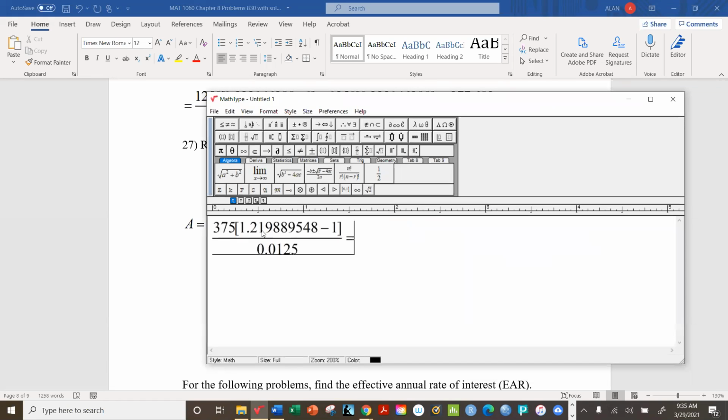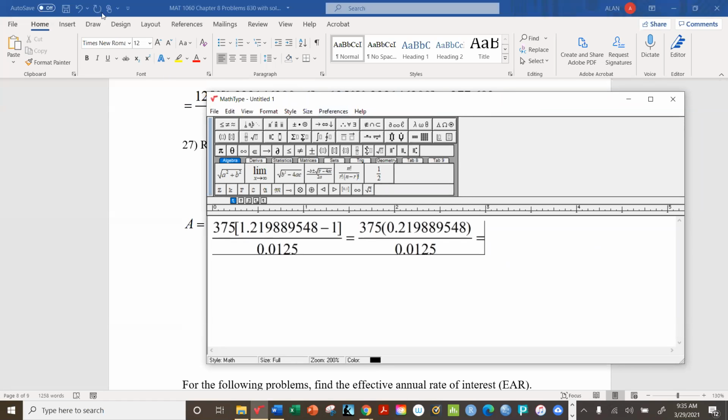And then what you've actually got here is the ratio of 375 times 0.219889548, all divided by 0.0125. Okay, let's see how that works out.